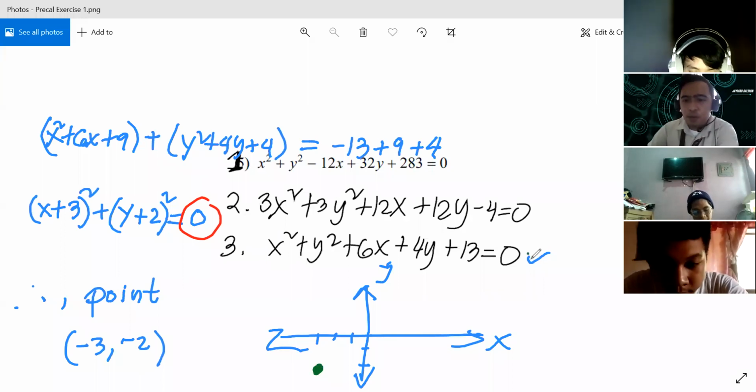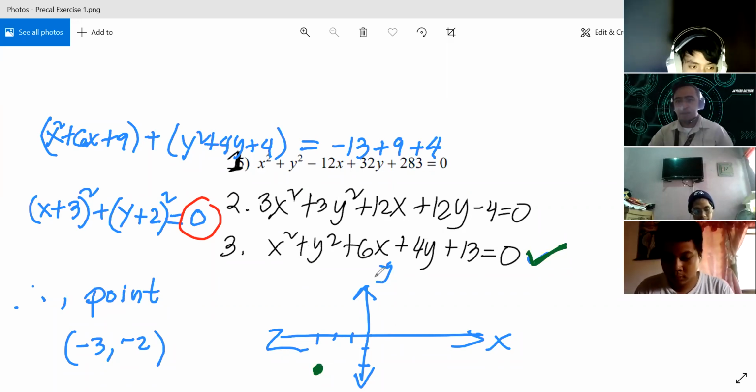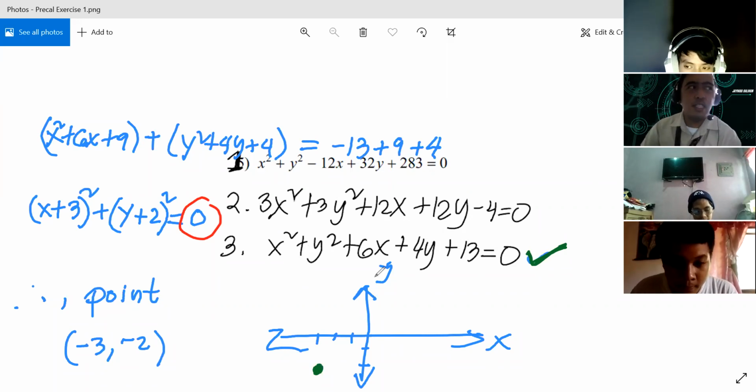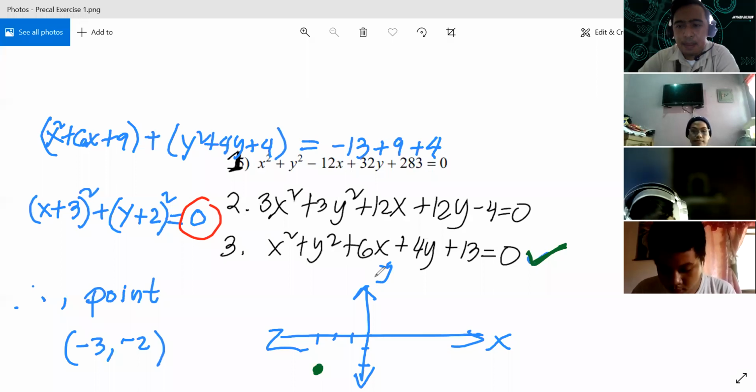Even if you try it in Desmos, the result will be this. By the way, you can use Desmos in checking whether your answer is correct or not. But you really need to show your solution. Any question for this?